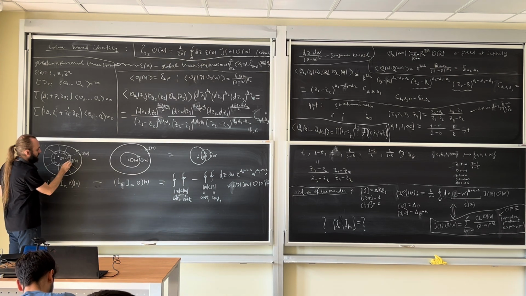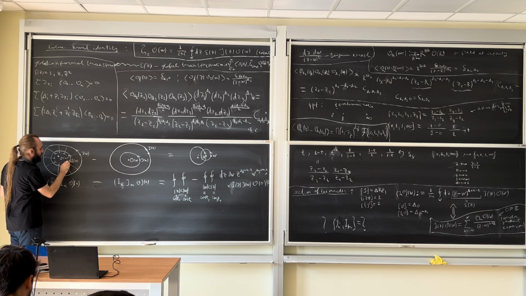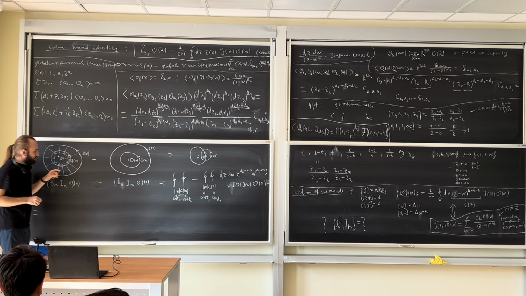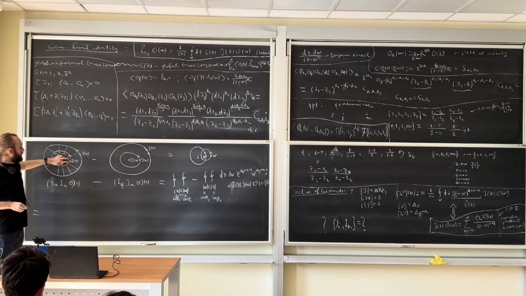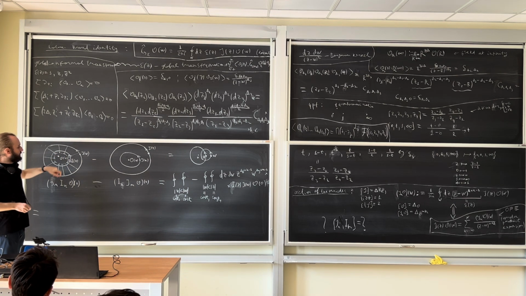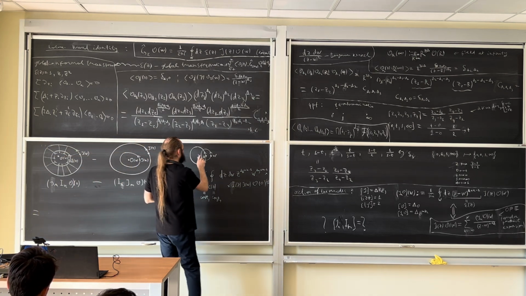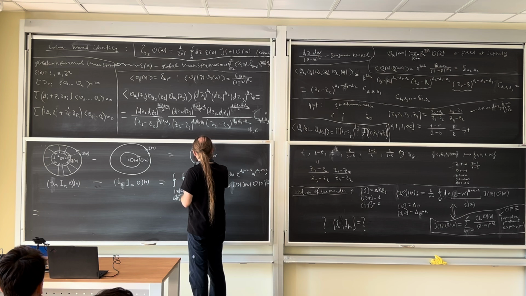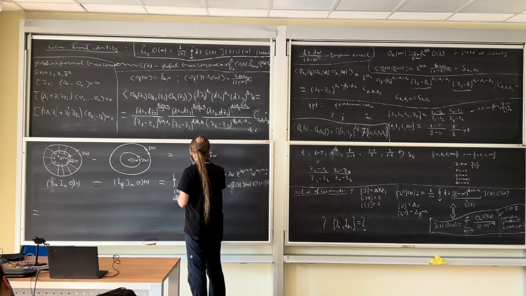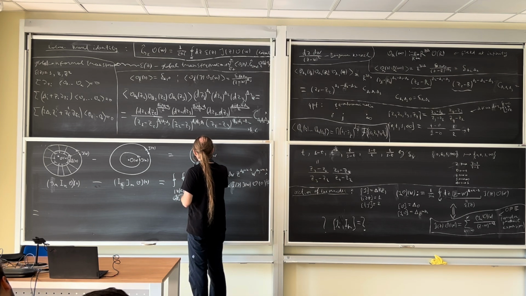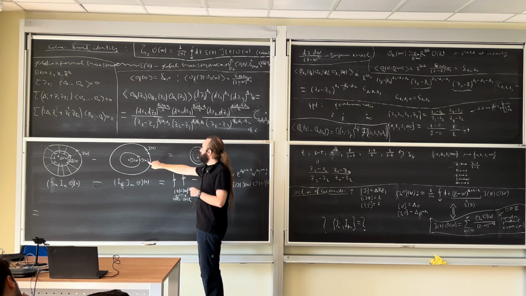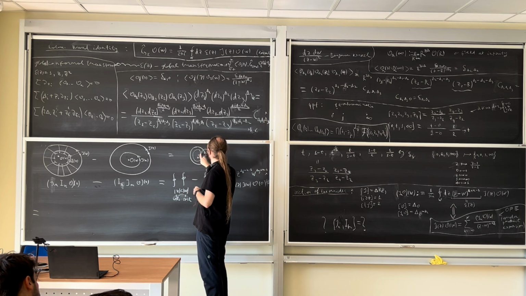So this bubble is drawn here. And we can separate it into two parts. Originally it was the integral like this, but this inner part was cancelled precisely by this integral.